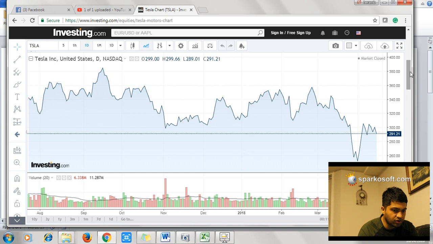Now what do you have on the x-axis? You have time, so this is all time. All these data points are time, and on the y-axis you have prices.